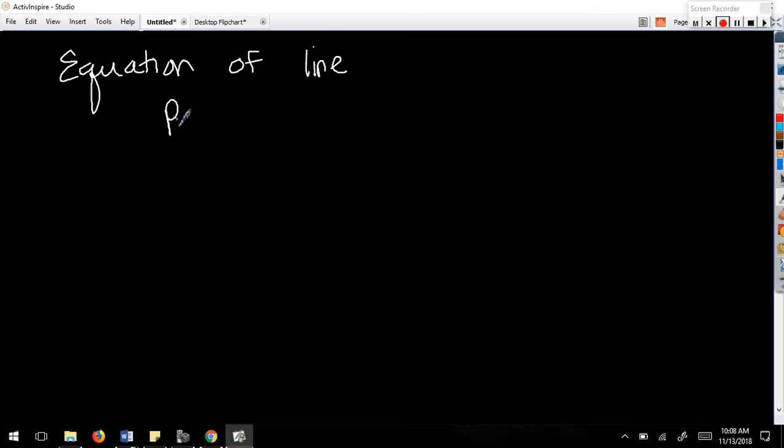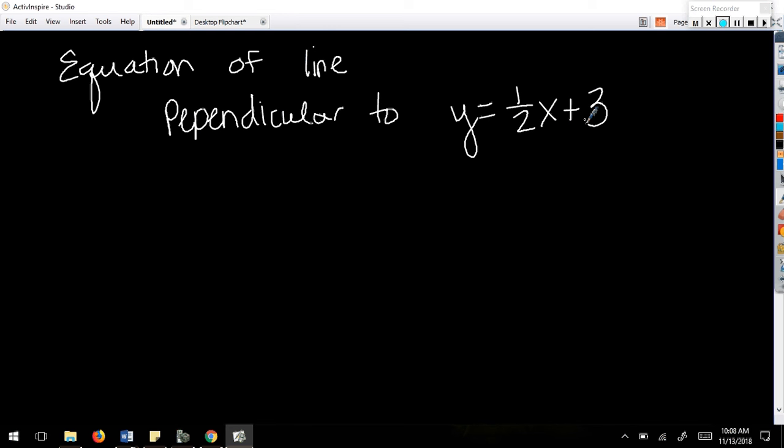Let's say this time I want the equation of a line perpendicular to y equals 1/2 x plus 3, and through the point 5, negative 10.